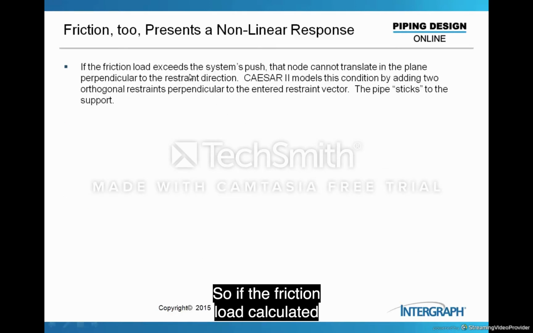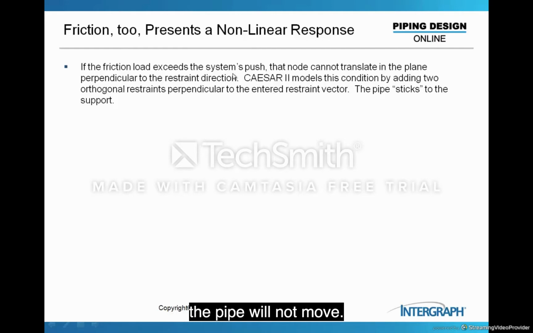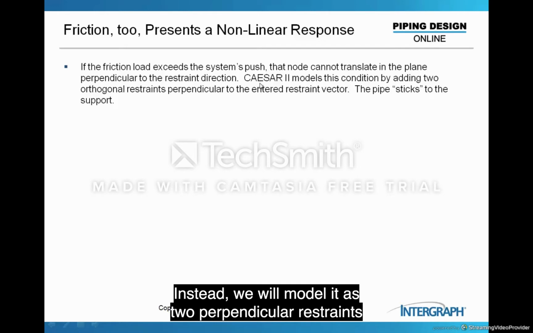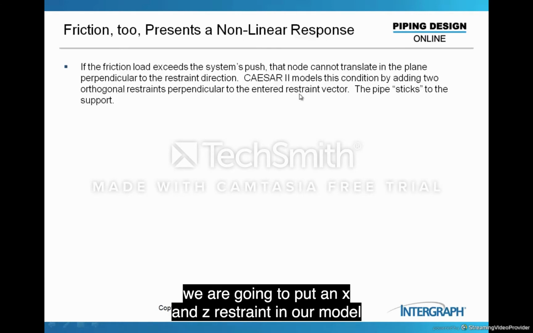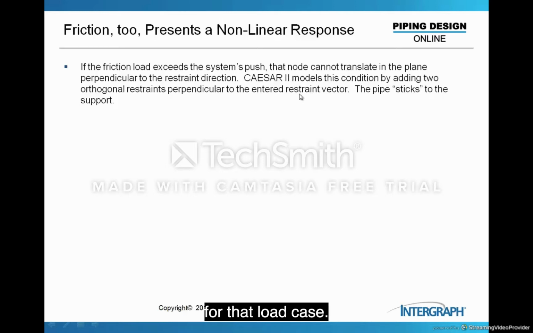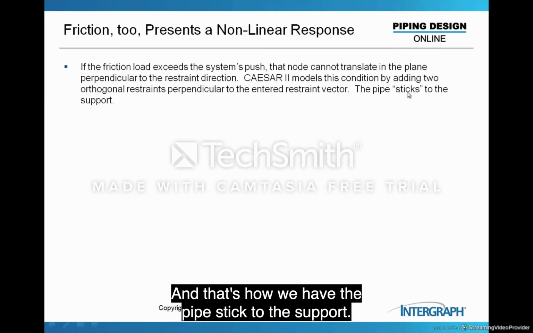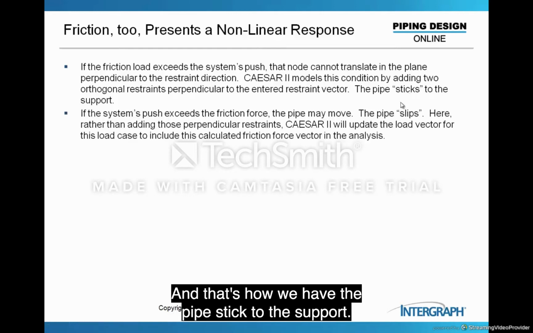So if the friction load calculated at a point in the piping system is greater than the pipe's tendency to move, the pipe will not move. Instead, we will model it as two perpendicular restraints orthogonal to the restraint vector. So if the restraint is in the y direction, we are going to put an x and a z restraint in your model for that load case. And that's how we have the pipe stick to the support.